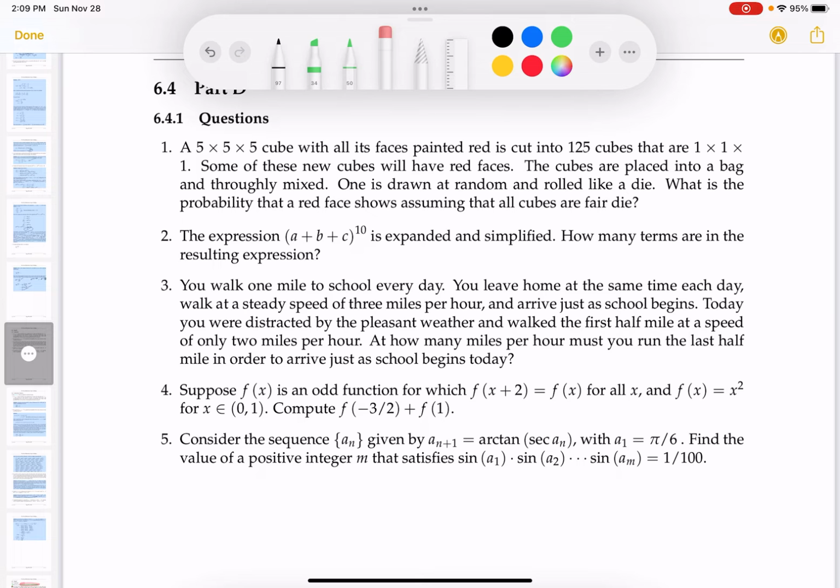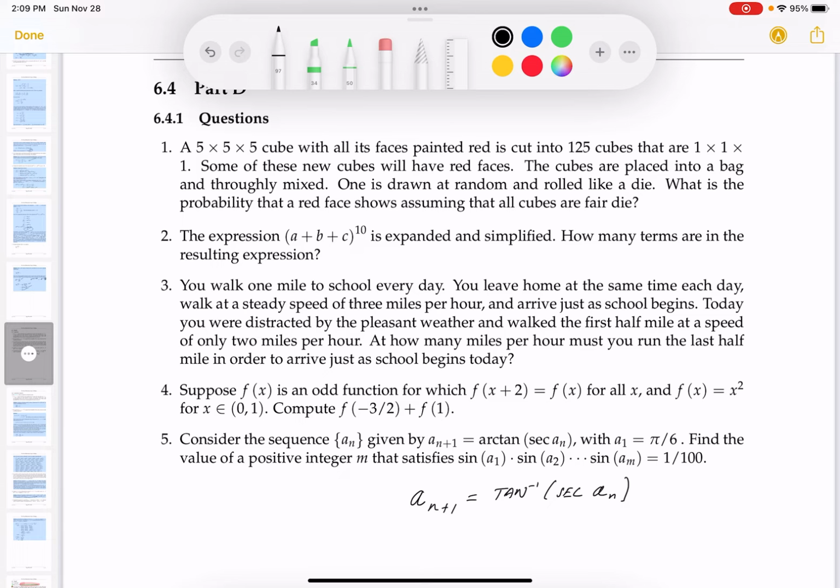The first thing I notice is A1 is pi over 6. And let me write this down for you: A_{n+1} is equal to the arctangent of the secant of A_n.